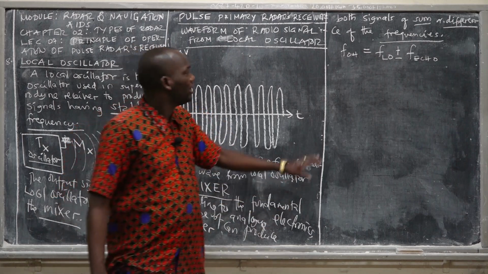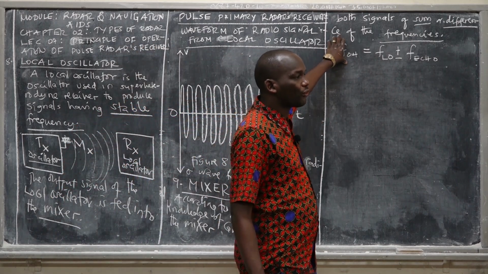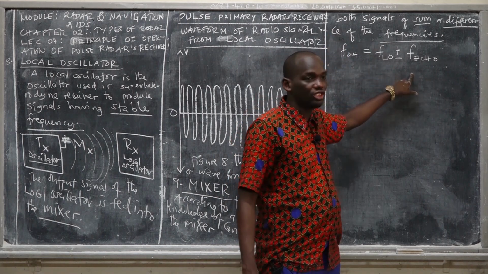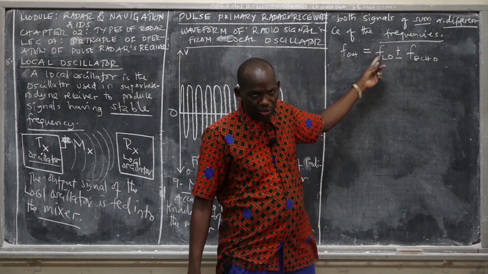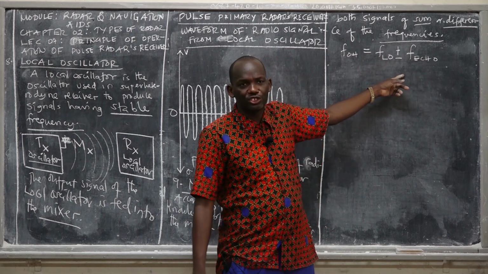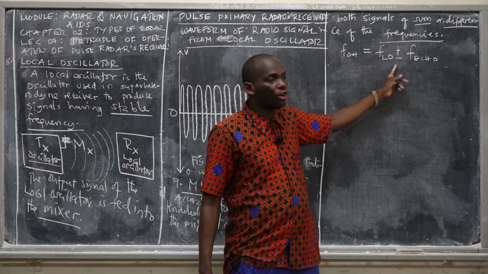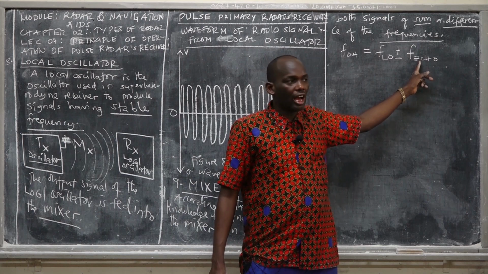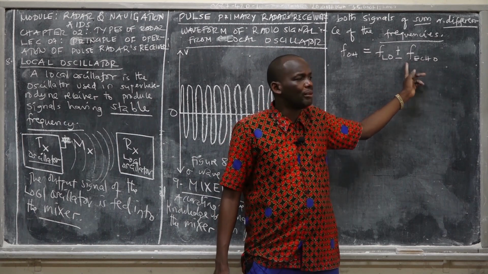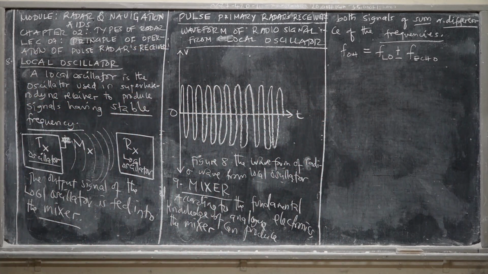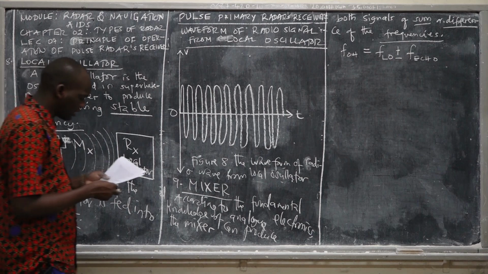So that's why we have written that if this is the output frequency from the mixer, then it will be either the summation of the frequency of the stable signal from the local oscillator and the frequency of the echo, or it may be the difference between the frequency from the local oscillator and the frequency of the signal that has been received from the transmitter but has been reflected by the distant target. Are we together? That's the concept that we have to remember in case of the mixer.